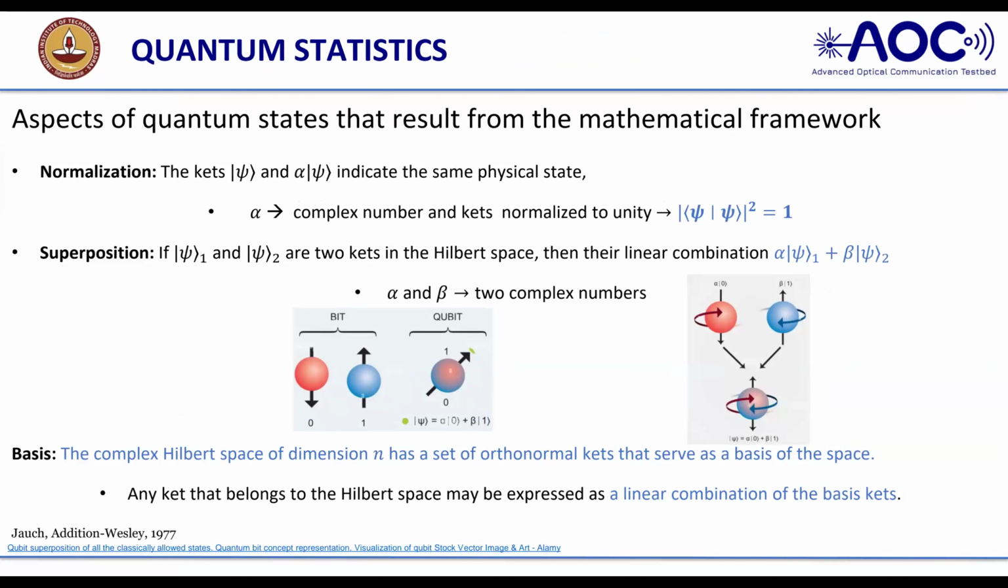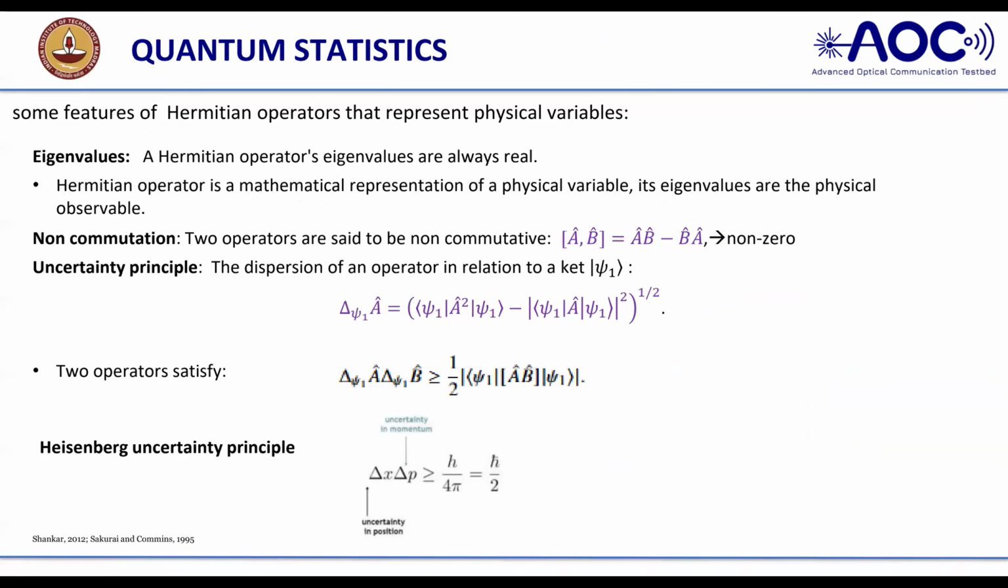But in quantum mechanics, you can study the Hilbert space of n dimensions, and everything can be represented as a linear combination of the basis space. We will see more about the operator also.